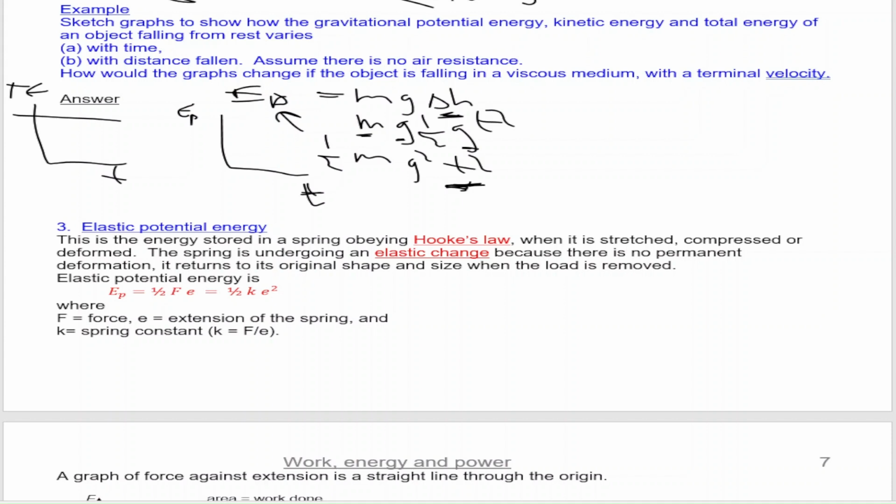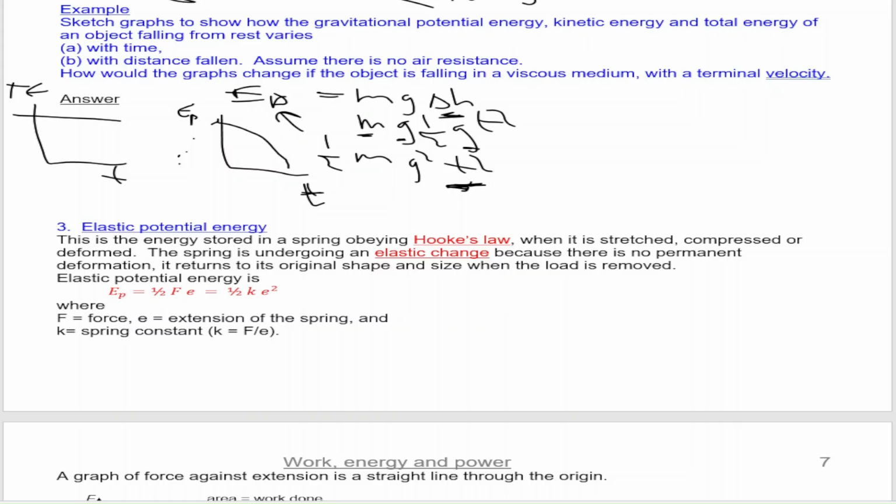But also bearing in mind that this thing is falling, which means that the gravitational potential energy has to decrease, not increase. So it starts at a certain value and then it decreases. So it's a quadratic graph, but that is inverted like that.